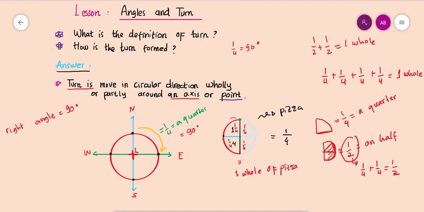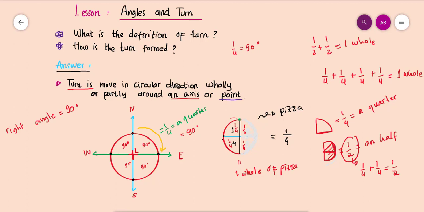So the point is, all of these are right angles. Okay, let's summarize. This part is 90 degrees. This part is 90 degrees. This part is 90 degrees. And this part is also 90 degrees. So one turn from north to the east will be 90 degrees.